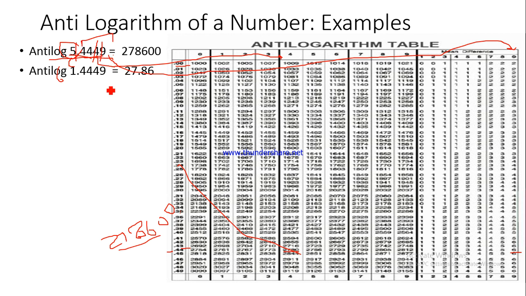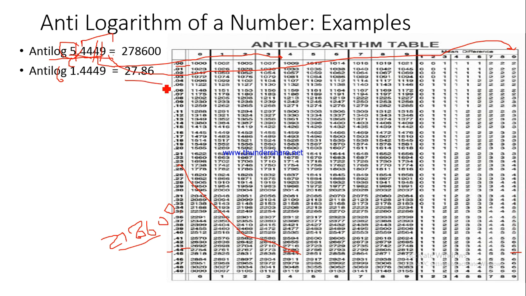Anti-log of 1.4449. What is the value? Now you look at the mantissa. It is the same as the mantissa in the above example, 5.4449. So the anti-log value that we'll find from this table would also be the same.